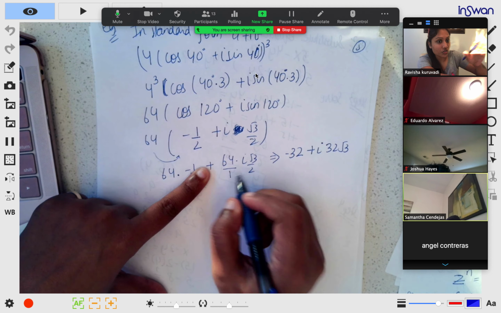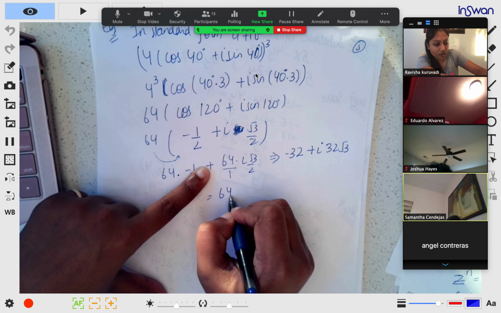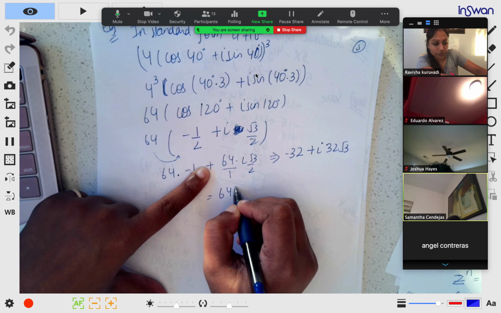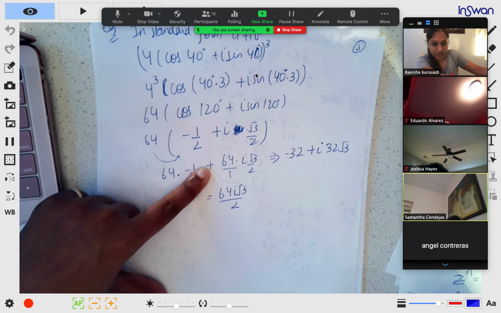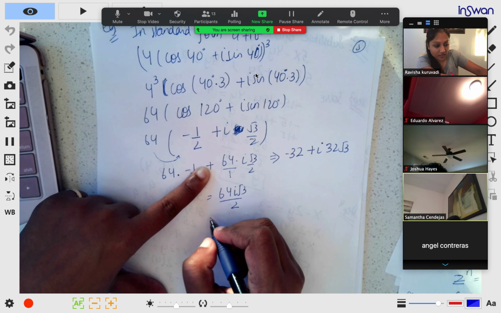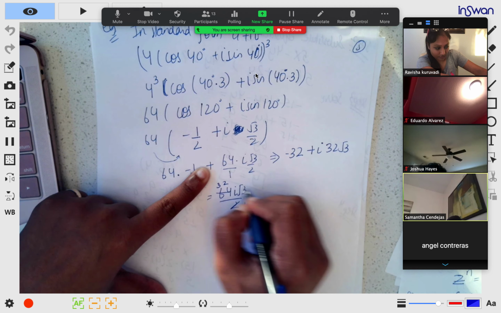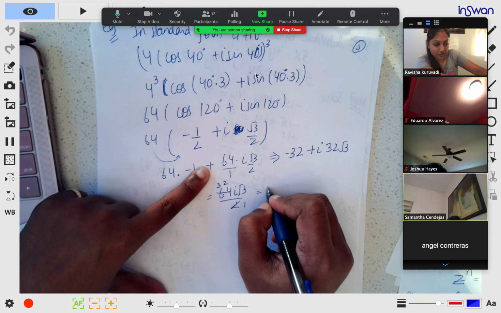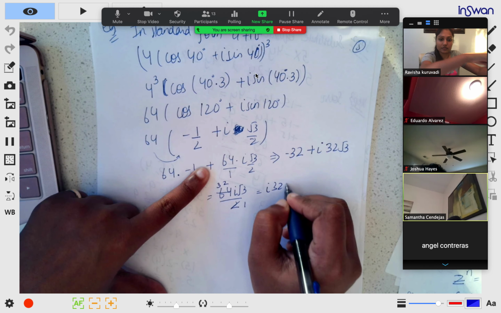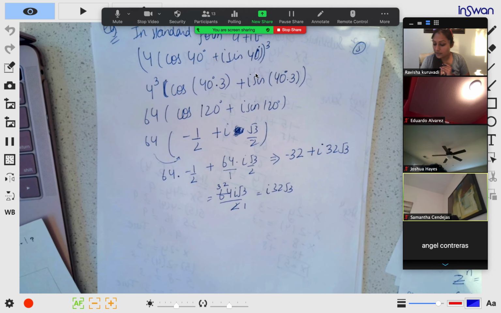You just directly multiply across, and it becomes 64 I root 3 over 2. And then if you divide 64 by 2, it comes out to be 32. Oh, that's how you got 32 root 3. Okay, I get that now. Okay, perfect.